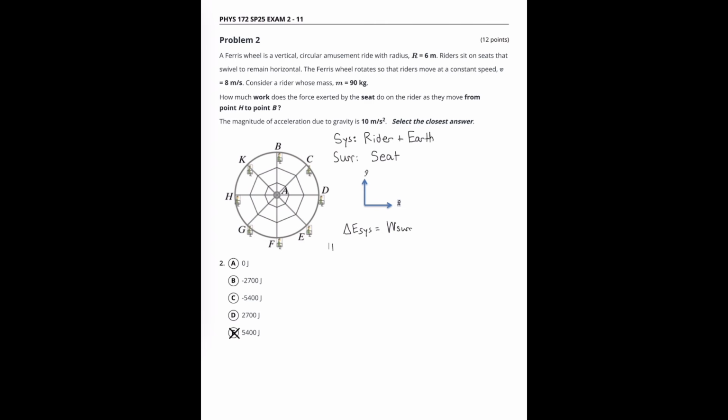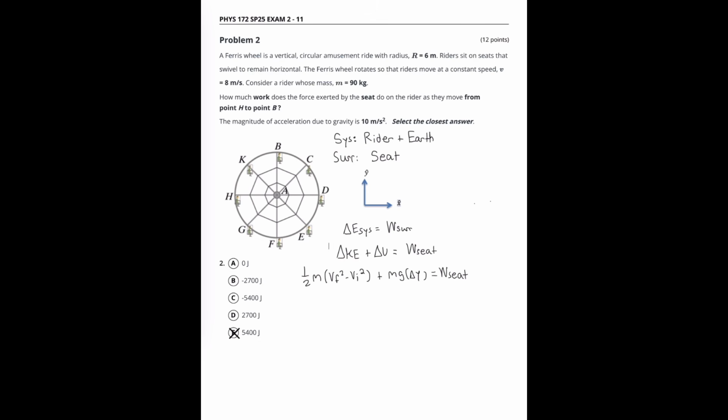So we have the change in kinetic energy plus change in potential energy from the earth is equal to our work done by our seat. So we have 1/2 m (v final squared minus v initial squared) for the kinetic energy of our rider, plus mg delta y is equal to the work done by our seat.